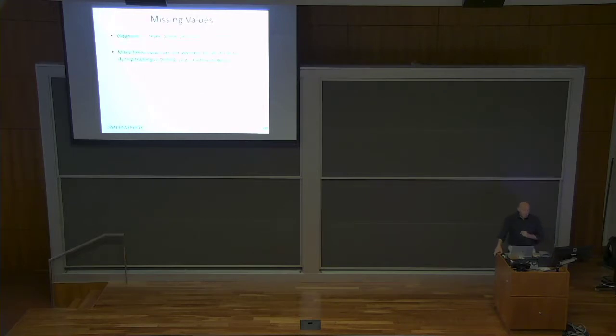Okay, so missing values. Someone commented last time that sometimes when I measure attributes, for example in the medical domain, I measure fever, blood pressure, other blood tests, and so on.